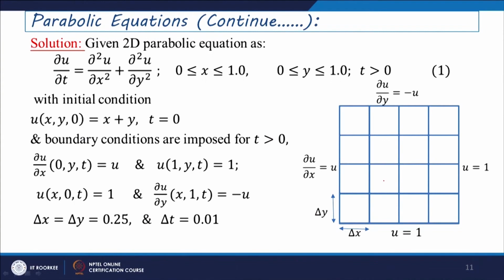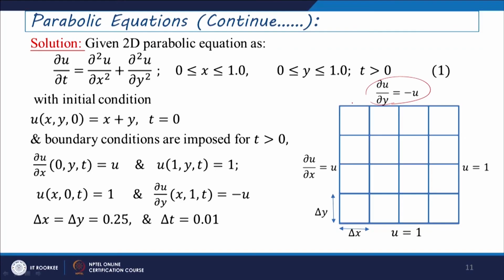If this equation is given with these conditions, then we can format it in a manner that at best it requires one more extra condition or a fictitious boundary at the last boundary, since it is given as del u by del y equals minus u at y equals 1, and at the first boundary a derivative boundary condition at x equals 0, that is del u by del x equals u. That is why at these points, if we use central difference approximations, it requires an extra fictitious grid space for the calculation.